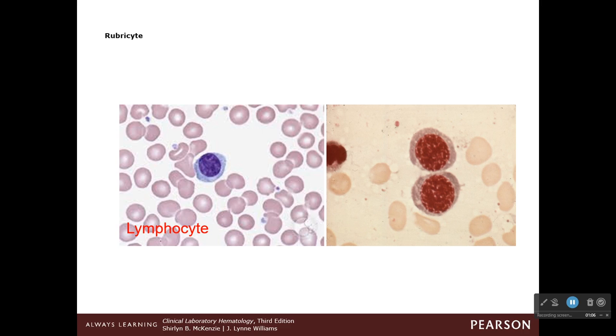Most of the time in the rubricyte or the polychromatophilic normoblast, it is going to be almost perfectly round. They actually refer to this thing as a wagon wheel a lot of times. I don't see a wagon wheel, but I promise you that's one of the buzzwords that's used sometimes, a wagon wheel nucleus. To me, it's a brain. It's got the grooves and valleys of a brain, and that's what I always teach my students. If you see that brain nucleus, go ahead and call it the rubricyte stage at that point.